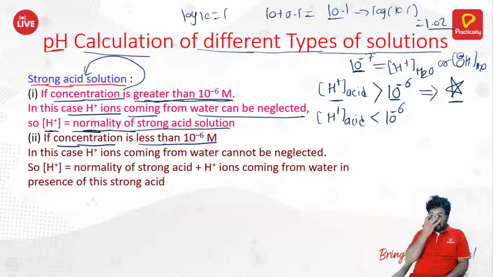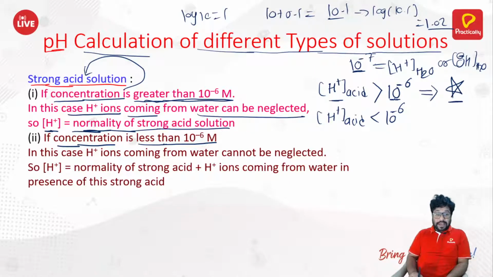That is why, if your H plus ion concentration from the acid is larger than 10 raised to minus 6, you can straightforwardly neglect the concentration which came from the water. But if it is less than 10 raised to minus 6, then surely you need to consider the H plus ion concentration from the water, because now the water will have more acidity than the compound that you added.